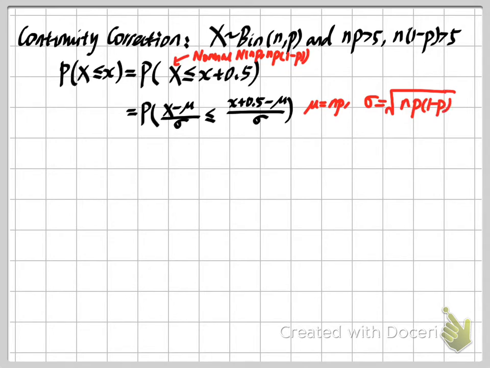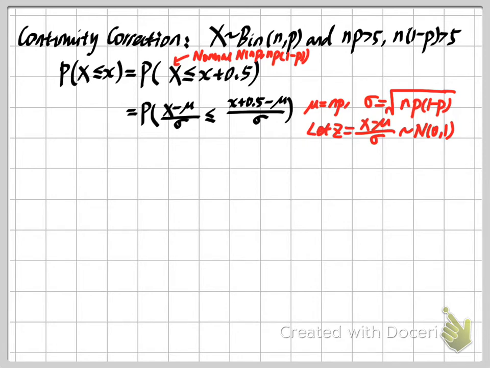Also, if we let capital Z equal X minus mu divided by sigma, this is a standard normal random variable. If you are not familiar with what I wrote in red about rewriting a normal random variable as a standard normal random variable, please look at my video about this topic on this channel.